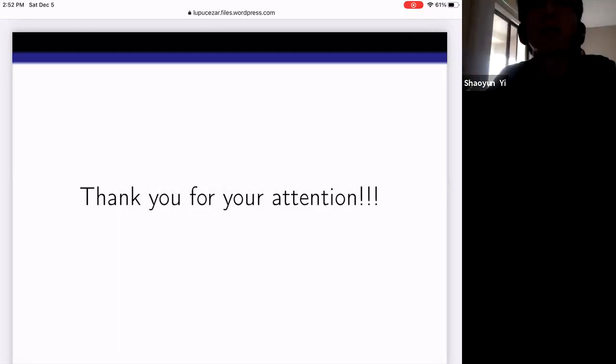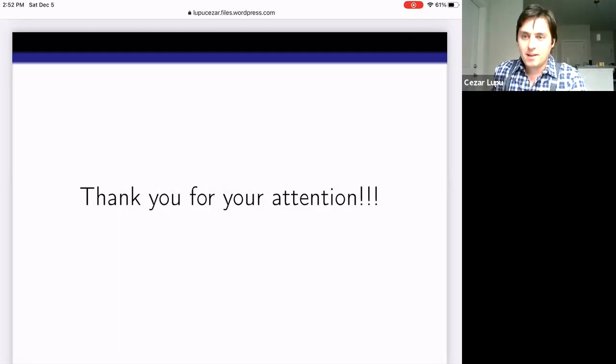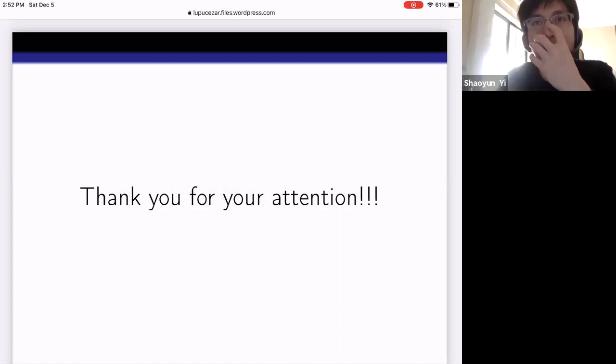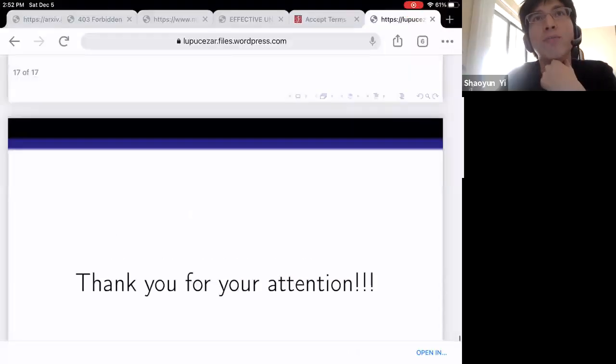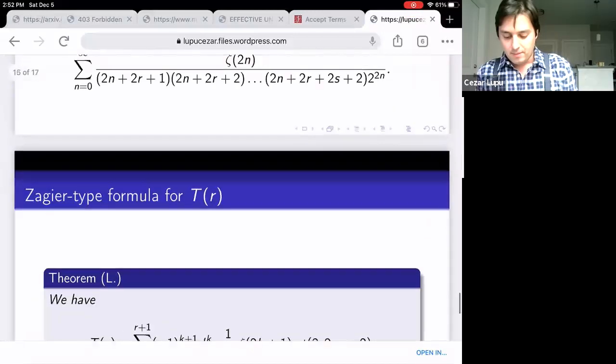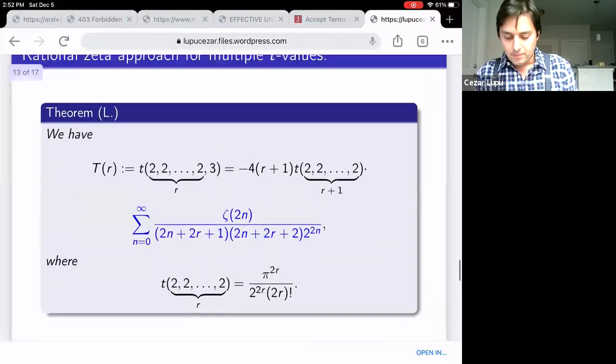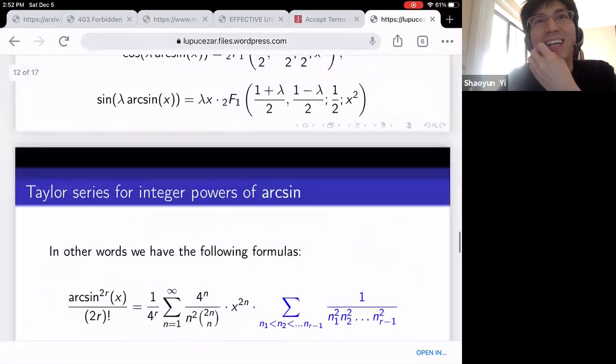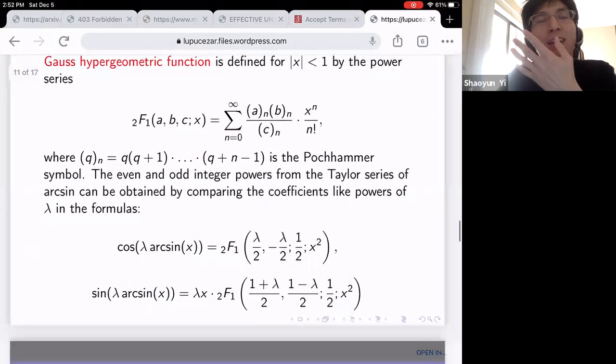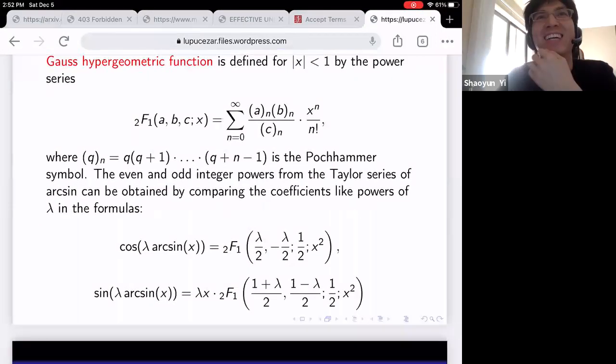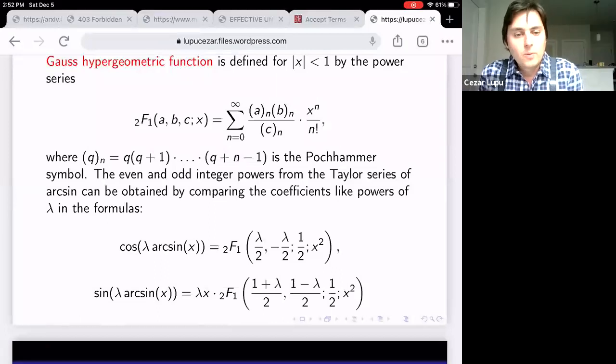Hello. I have a question. I see you use the hypergeometric function, like a 2F1. Yes. So is there a higher rank, like a 3F2? Zagier did that. When he proved his formula, he started from exactly 3F2, but his proof is very indirect and complicated.